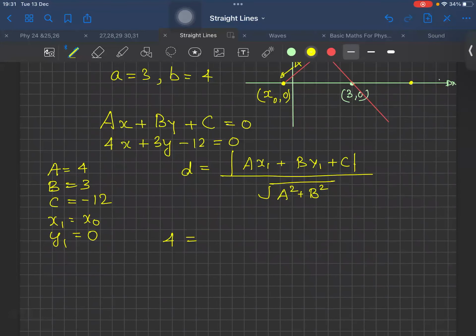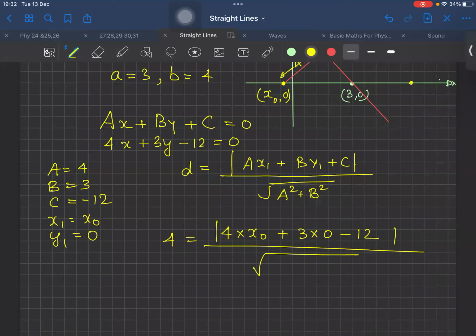So it will be 4 into x0 plus b, which is 3 into 0, minus 12, the modulus of this divided by square root of 4 square plus 3 square. From here you will get two values.